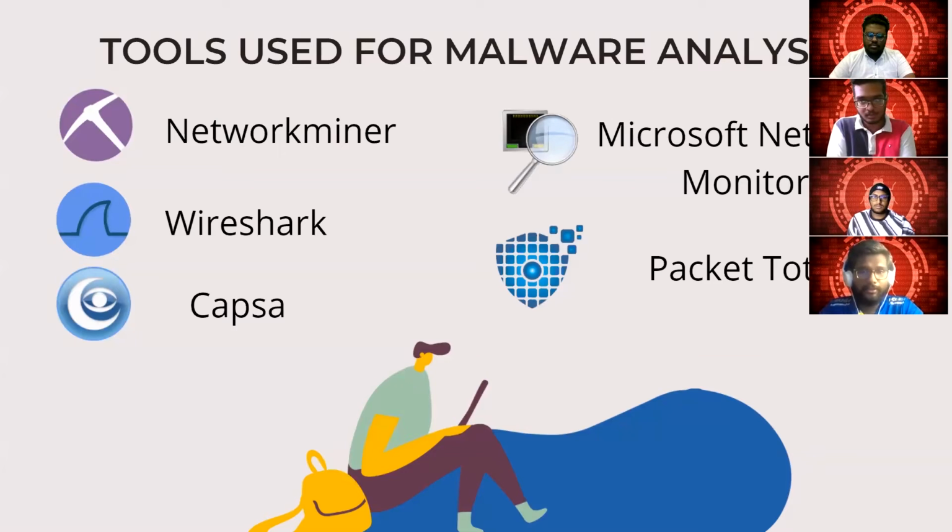So we have decided to use 5 tools: Network Miner, Wireshark, Capsa, Microsoft Network Monitor, and Packet Total. 4 of them are dynamic tools and 1 is a static tool.